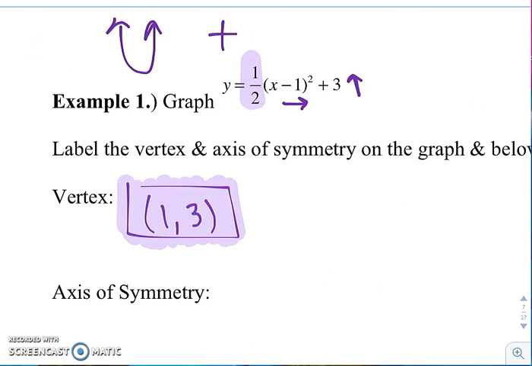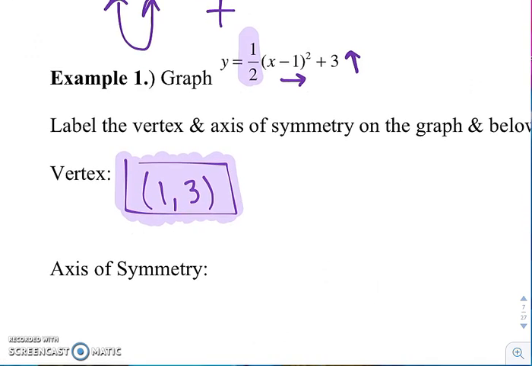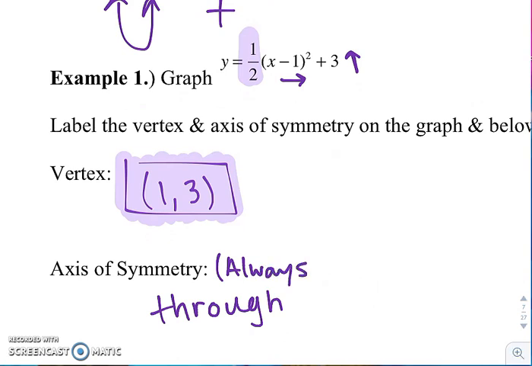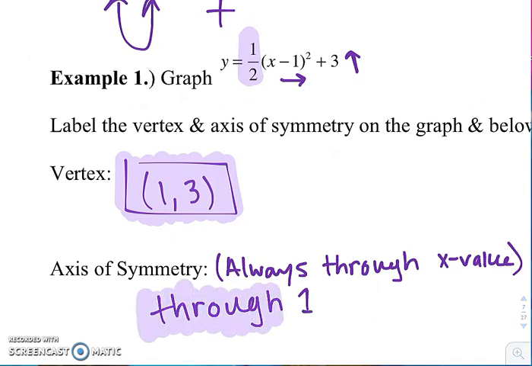It goes through the middle of your parabola. So your axis of symmetry for this problem is going to be through 1. You can say at x equals 1, I just like to write through the value of 1.